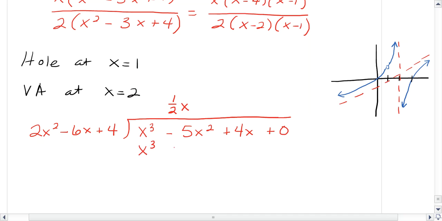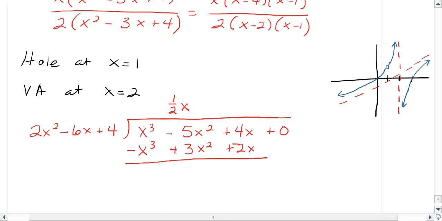Then half of 6 is 3, so that would be a minus 3x squared. And half of 4 is 2, so that would be a plus 2x. And then if you remember, we change the signs and add, so this becomes negative, positive, negative, and we add.